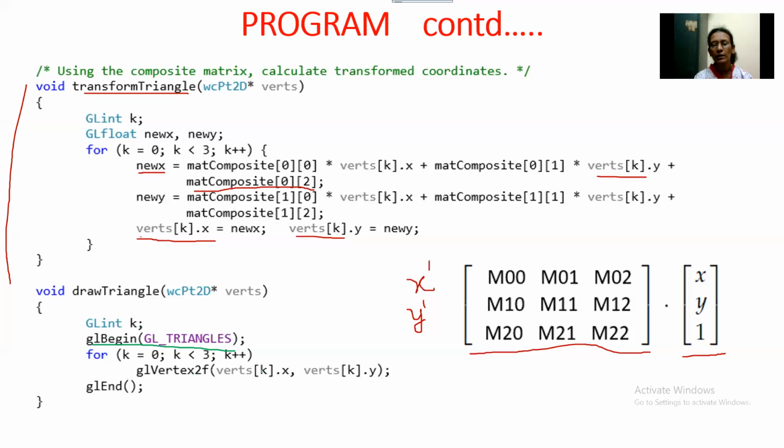Vertex 0, 1, 2. So for k equal to 0 to 3, glVertex2f vertices k dot x, vertices k dot y. This will run the for loop thrice, for the three vertices, and this gives the three vertices of the triangle. Using GL begin, GL triangles, we are going to draw this triangle.